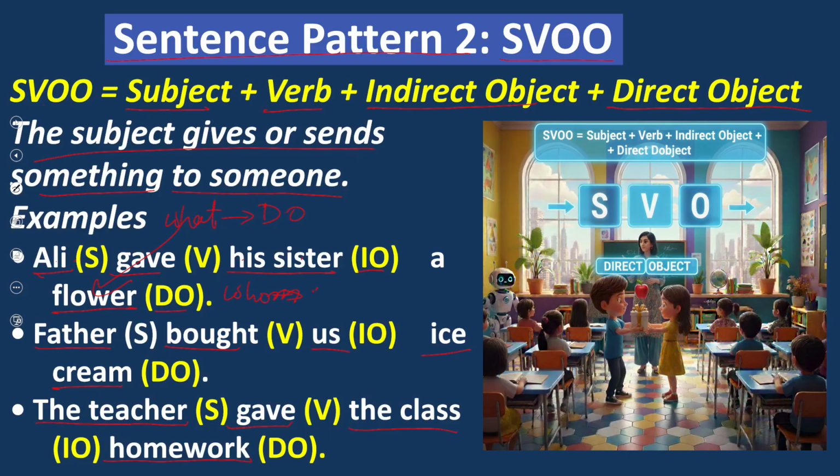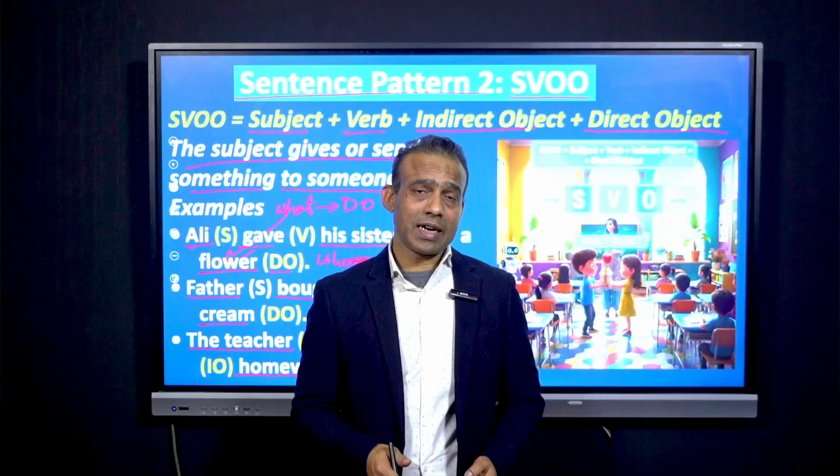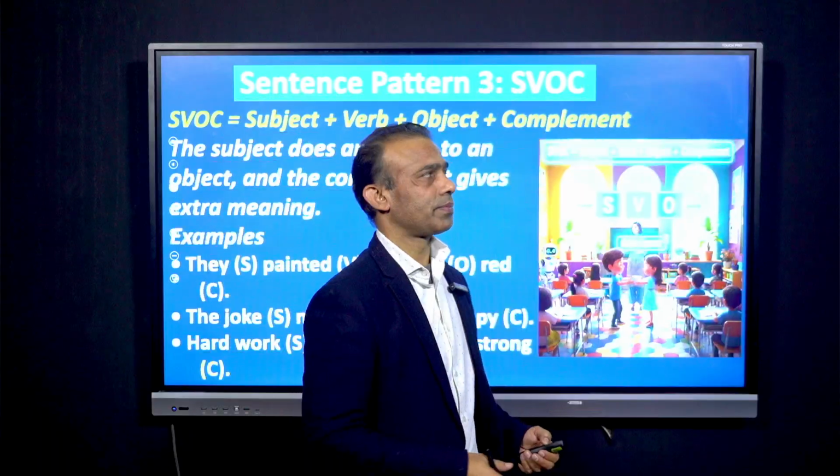What did the teacher give? Homework. Yes. And to whom? Class. So now, dear students, we have learned about the second sentence pattern as well. Now move to the next slide and let's see what is there for us to understand.